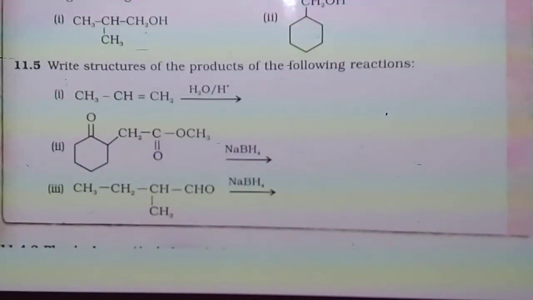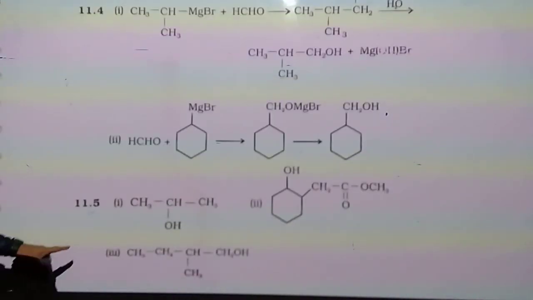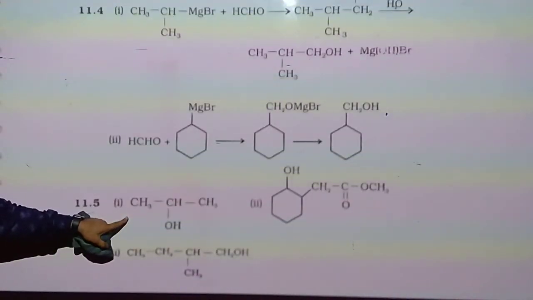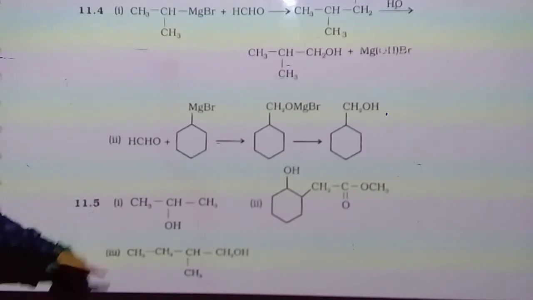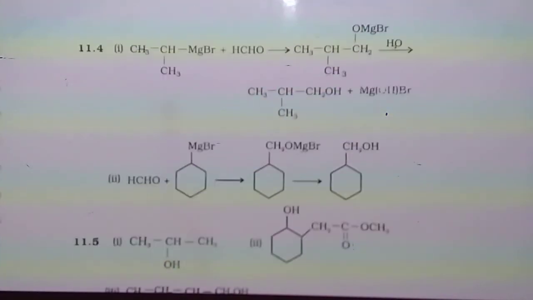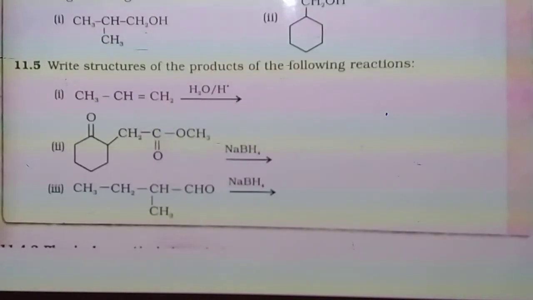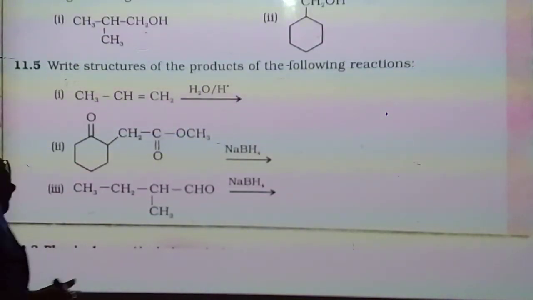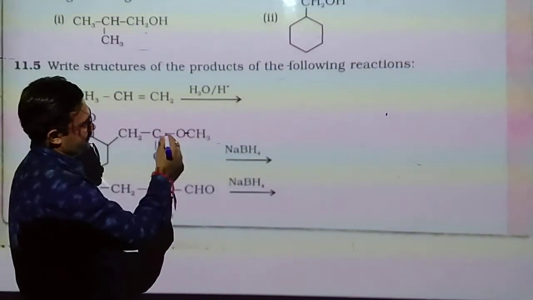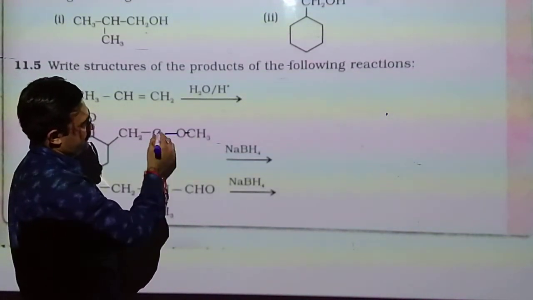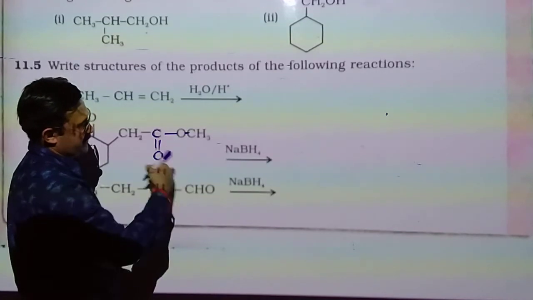Now what about the second question? Reducing agent NaBH4. But first, our answer in 11.5 is this. Now in this question, reduction of ketone, this is an ester, not a ketone but an ester.